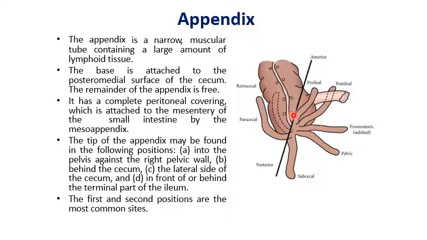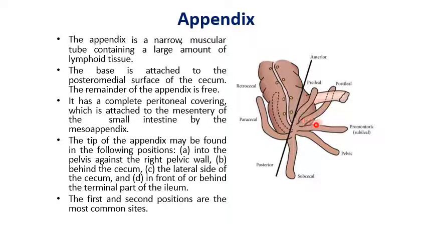It has a complete peritoneal covering. Completely it is covered by peritoneum, which is attached to the mesentery of the small intestine by the mesoappendix. This covering is known as mesoappendix, and it is attached to the mesentery of the small intestine. So mesoappendix contains the appendicular vessels and nerves.